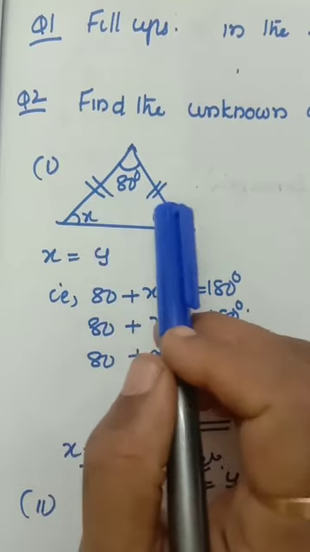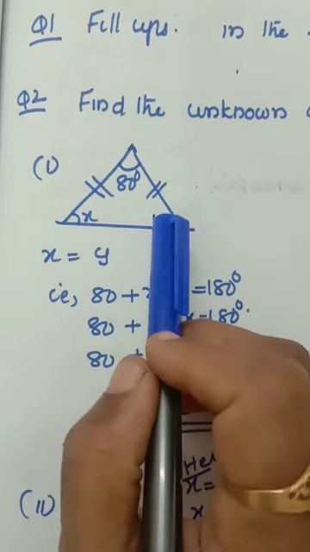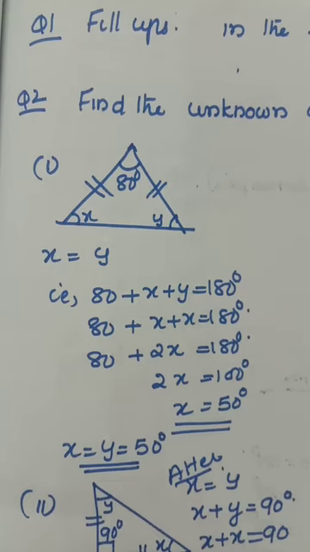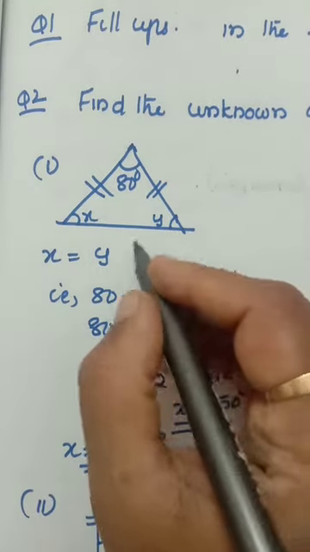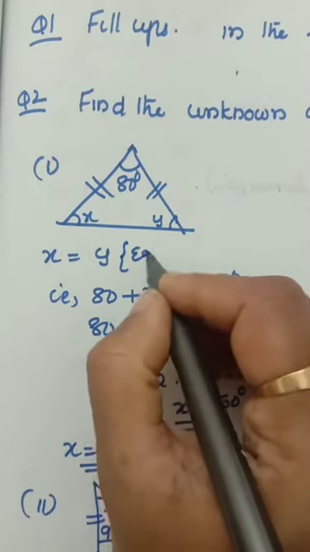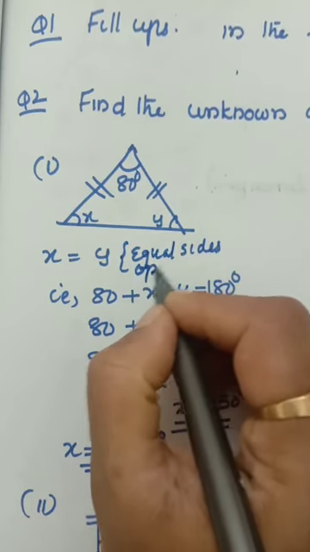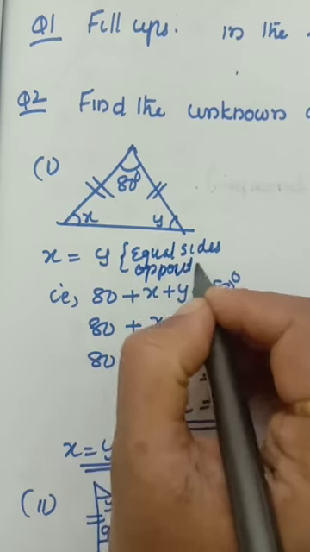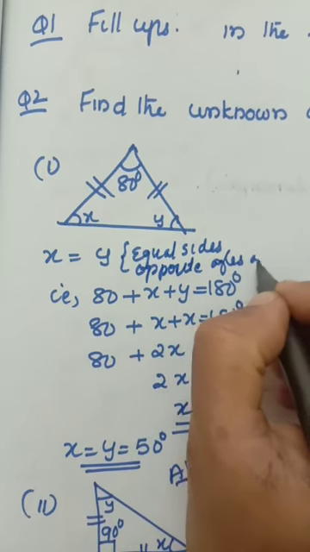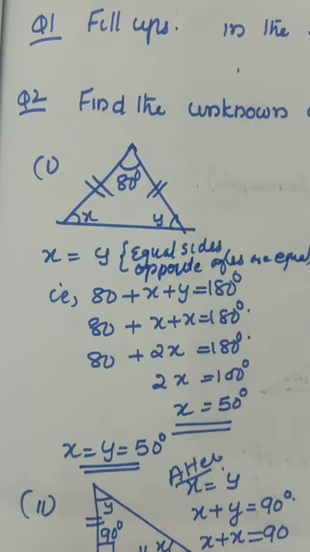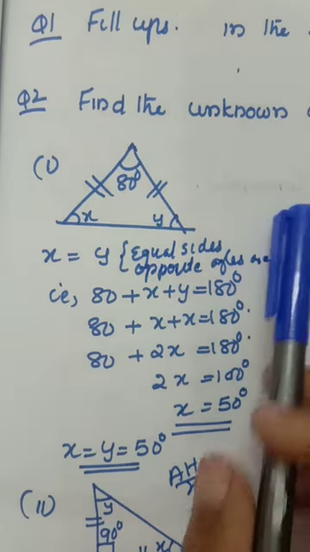That means x and y are given, but x and y both are equal because two sides are equal. You have to write the reason: equal sides, opposite angles are equal. Reason is compulsory.